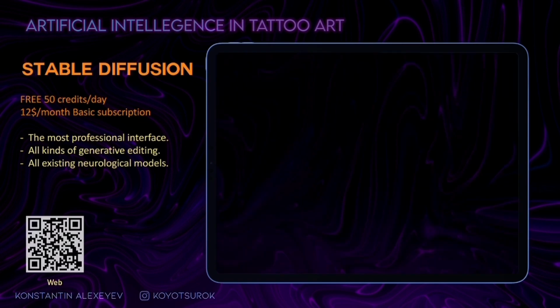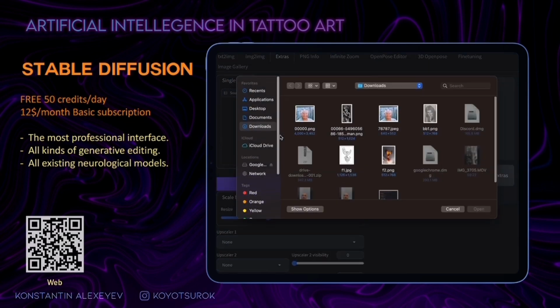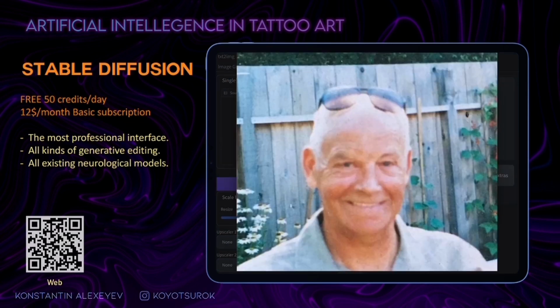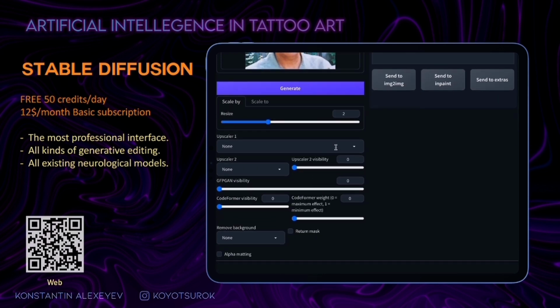The last function I'm gonna show you is Upscaler. I love it here. The extra step is only used for upscaling. Remember the photo of the client's grandfather? Upload it here. Select Upscaler.